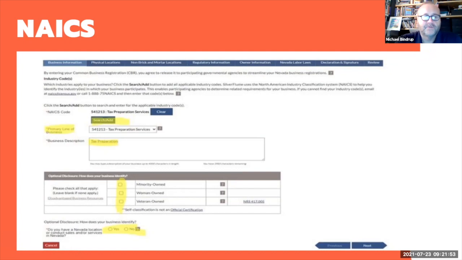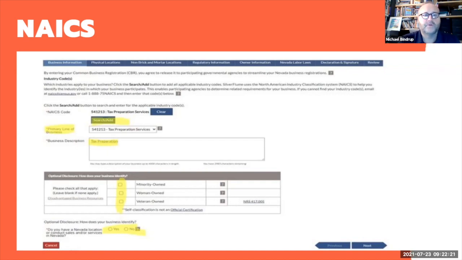For instance, if you're a tax preparation service, I can look up this NAICS code in a variety of different research sites, and we can pull industry data to say, for example, what's the average revenue of a tax preparation service with the NAICS code of 541213? So all those that are in this particular NAICS code, what do they have in common? How much do they do in sales on average?